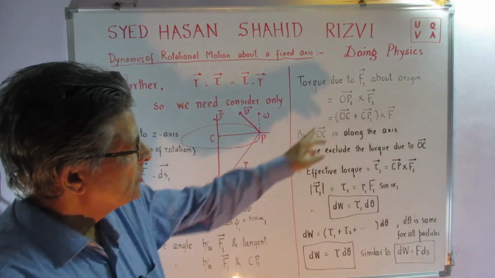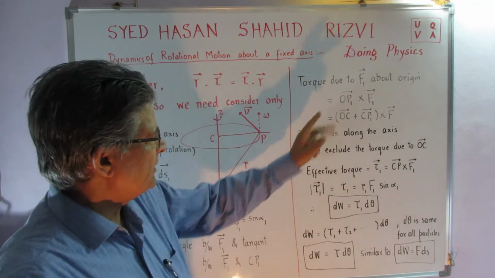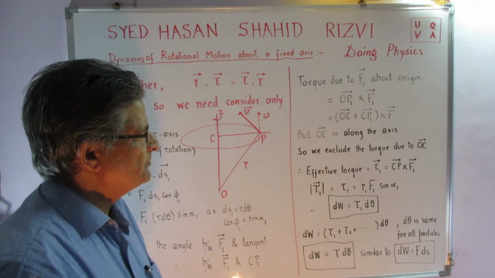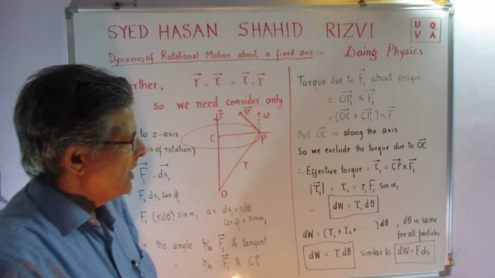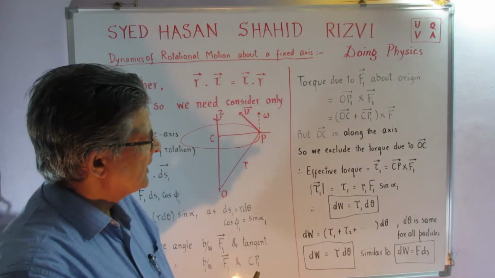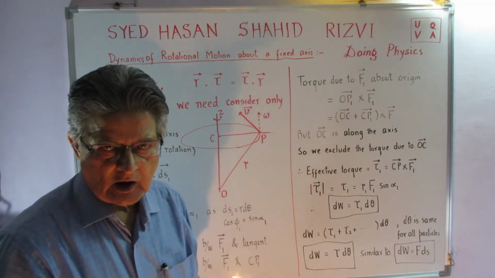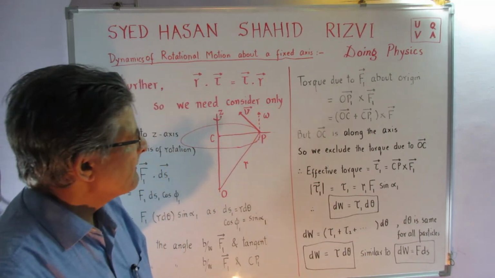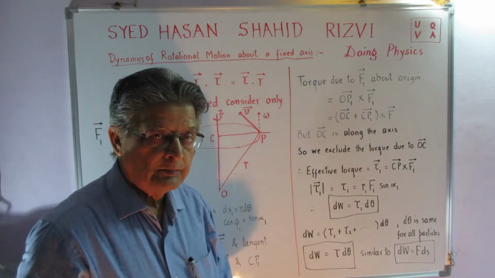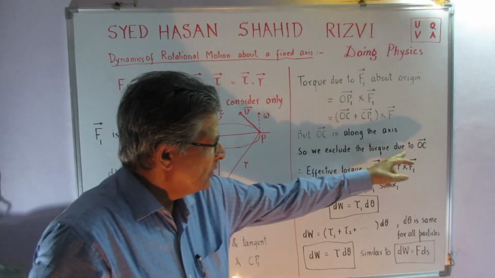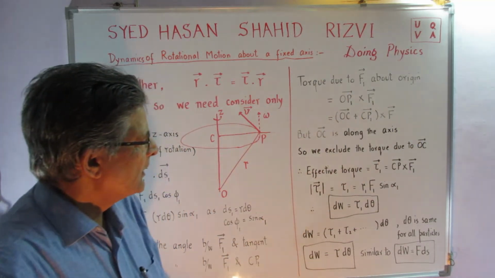The sum of the two vectors is equal to the vector OP1, cross F. But you see that this OC is along the axis of rotation, so we exclude the torque due to OC.